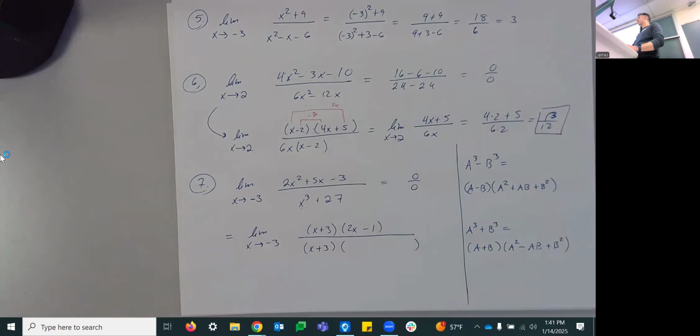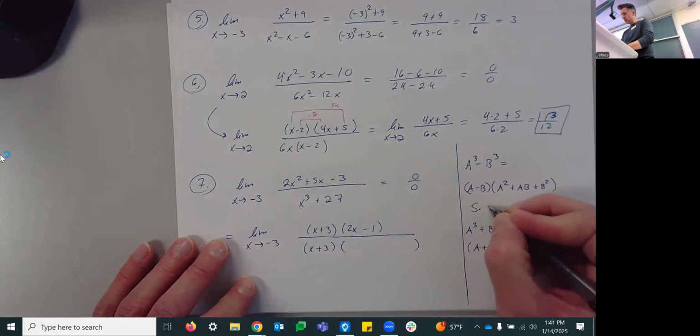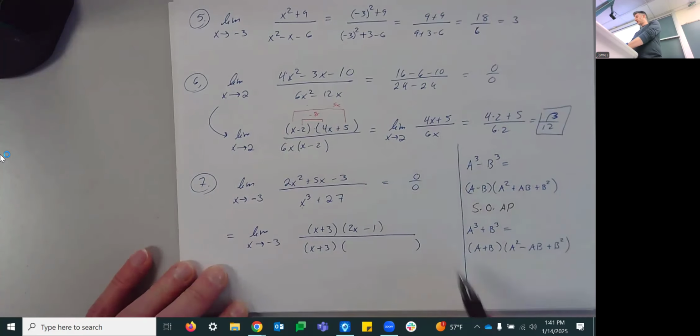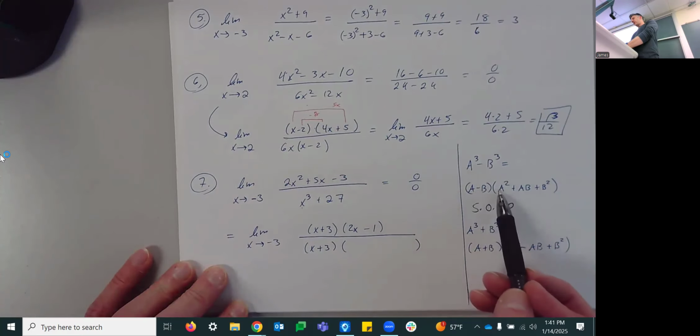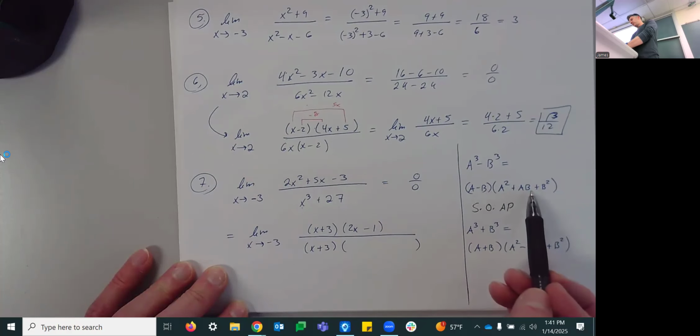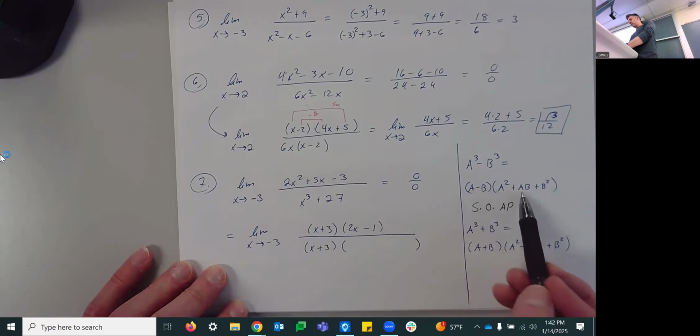There's an acronym for this called SOAP. So if you look at a cubed minus b cubed, it's always a plus or minus b, a squared plus or minus ab plus b squared. So it's always a and b here, a squared, ab, b squared here.